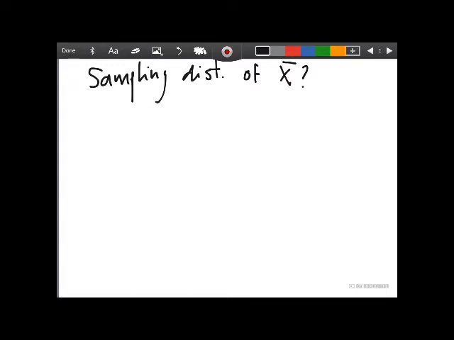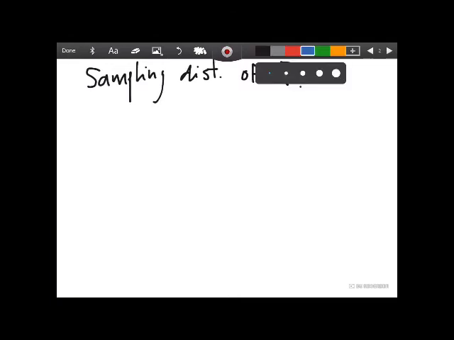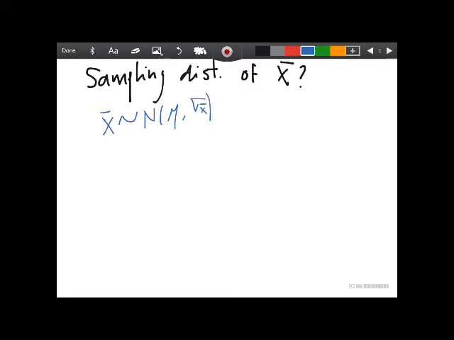Now in order to actually get all of this, we need to understand the sampling distribution of x bar, and that is something that we know. We learned that the sampling distribution of x bar is a normal distribution with parameter mu and parameter sigma x bar, where sigma x bar is equal to sigma divided by the square root of n if we know the value of sigma.